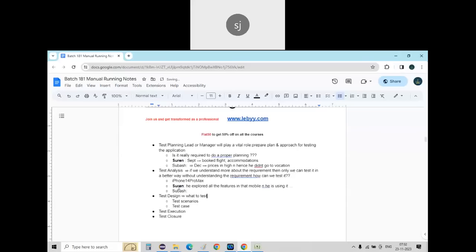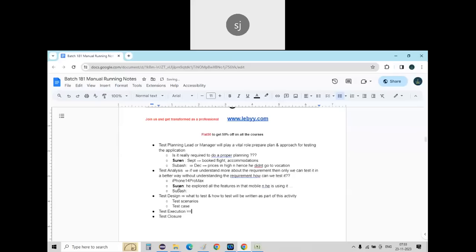This is what to test and how to test will be written as part of this activity. What we need to test and how exactly we need to test it will be defined as part of this test design activity. Depending on the organization, they have their own process and we need to follow that particular process.